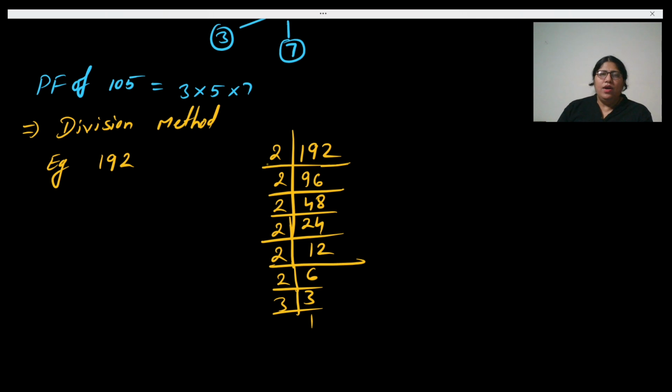You have to divide it. Now, if there are repeated prime factors, you will write them in exponent form. So how many times is 2 there? So what is the prime factorization of 192?